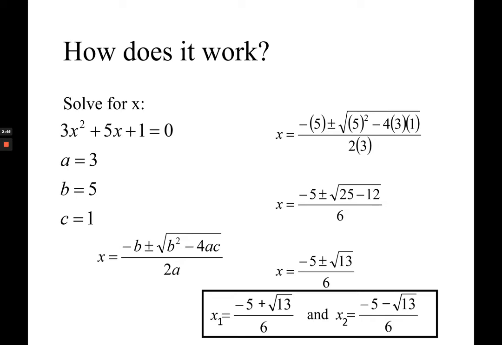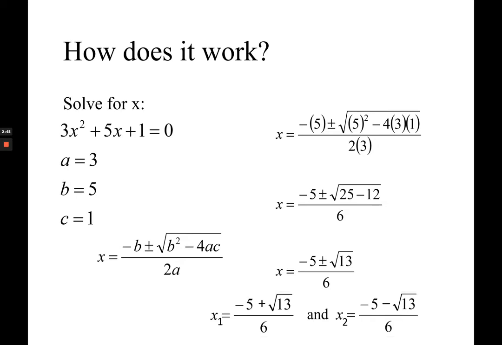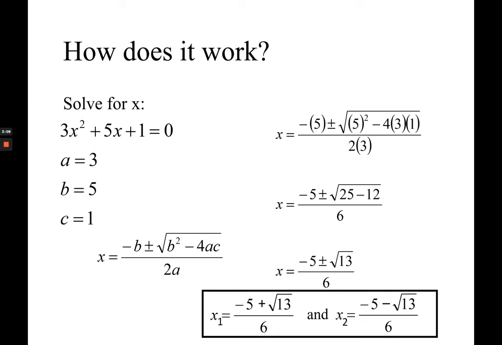This is supposed to be the final solution, but you could end up with just this expression. It is understood that there are two solutions. The first solution has plus and the second one has a minus. We cannot simplify it further unless you are going to use a calculator and it gives you a decimal value.